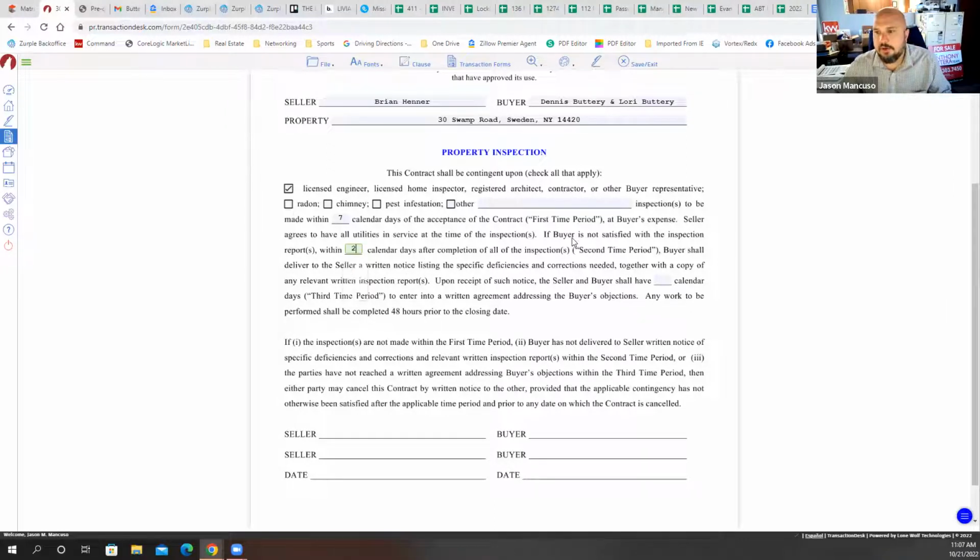From there, the next section to fill in is buyer's not satisfied with the inspection within, I'm going to say 2 days is standard. Meaning they have 2 days to review the reports after the inspection's done.